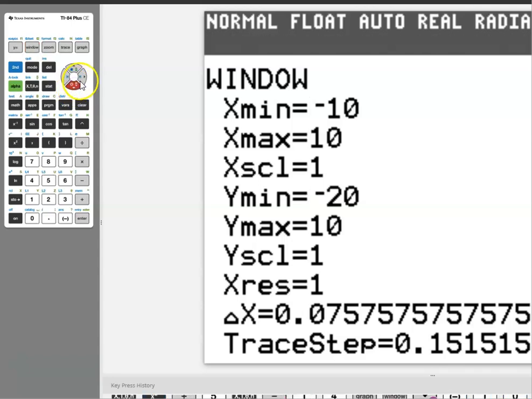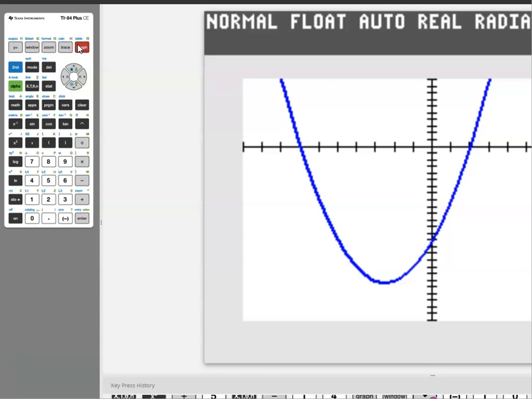So come over here and make that negative 26. Hit enter. Now hit graph. Ooh, much better. So what am I seeing? I have roots, also called x-intercepts, also called the zeros of the function. I have a y-intercept, and I have a vertex.